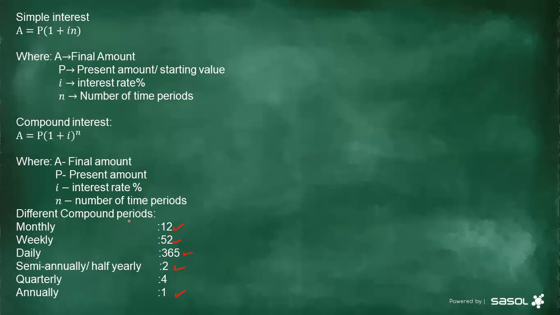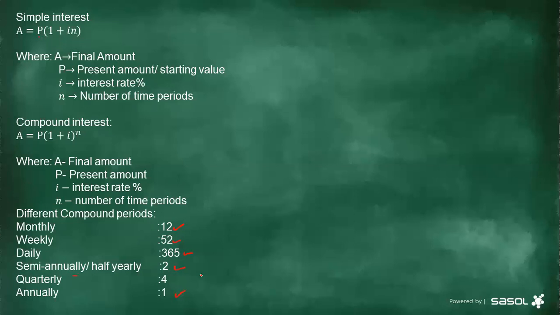Now in a year, how many months are there? 12. Hence we are having 12 there. And then weekly, how many weeks do we have in a year? We have 52. The same applies daily. How many days in a year? 365 days.